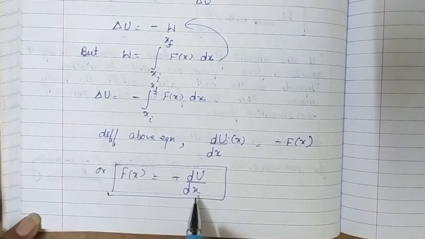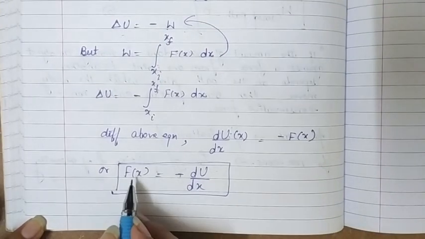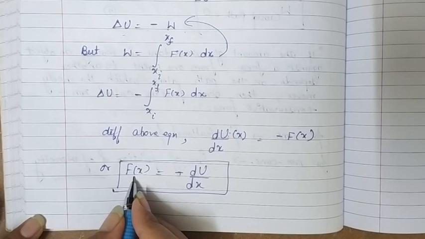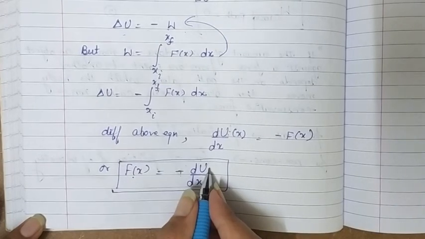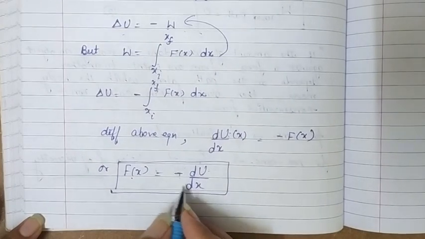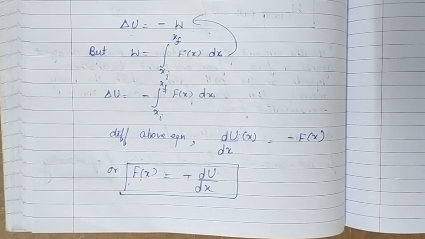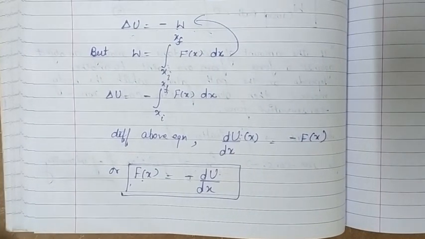So potential energy can be defined as a function U whose negative gradient gives us the value of force, or we can also say that conservative force is a force which is equal to the negative gradient of potential energy U. So either we can say that conservative force is the negative gradient of potential energy U, or we can say that potential energy is a function whose negative gradient is that conservative force present in that system. So this is the relation between potential energy and conservative forces.